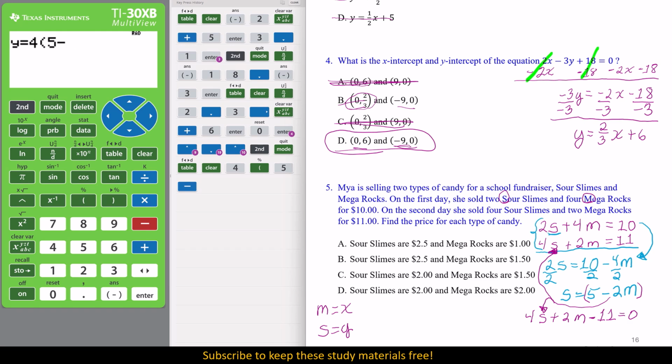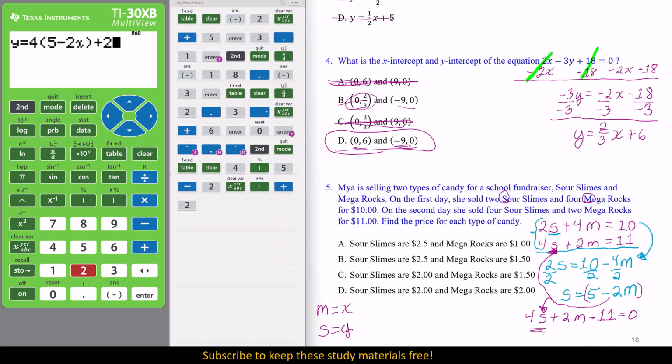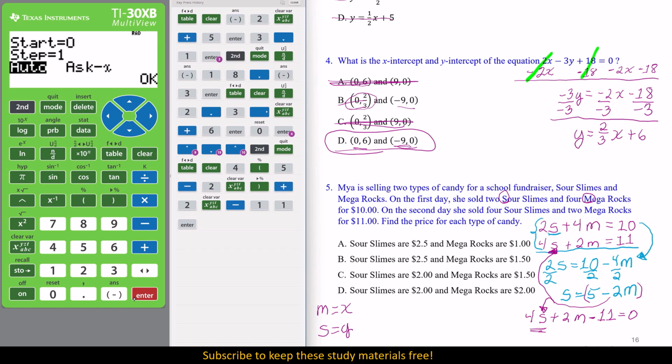So that means I need to subtract 2x, close my parentheses. I'm still looking for y, which is my s, okay? I've only done this first part here because I've substituted. Now I need plus 2x minus the 11. Okay, now I push enter, starting at 0, enter, enter, enter, enter.